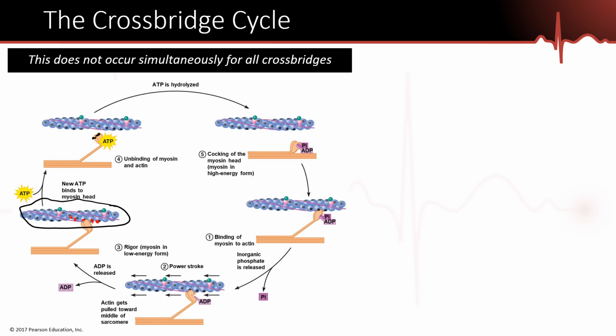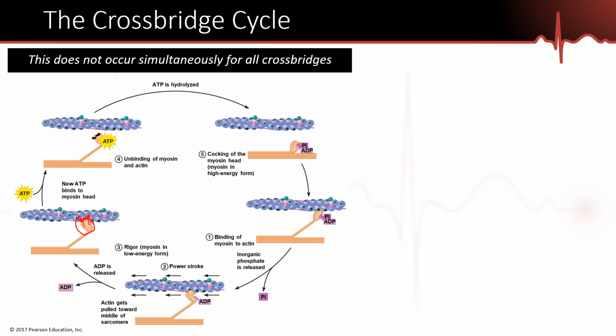So let's skip some of the terminology and the name calling because it just makes it more confusing. Clearly, what's going to happen here? The myosin heads are going to latch on to actin. Specifically, the myosin heads are going to bind on to the globular actins, specifically the myosin binding sites within the globular actins.